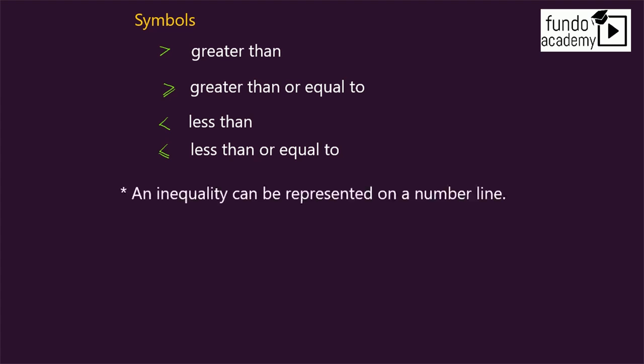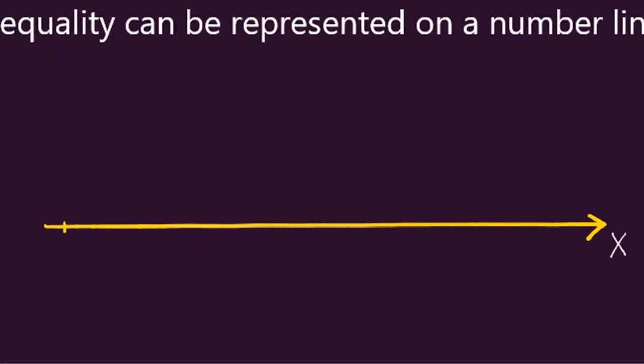An inequality can also be represented on a number line. So if I draw my number line, x-axis, and on it, let's say I have a point A, I have the value A on the number line. Values that are to the right of A, where in this case A is not included, that's why we have a circle here that is not shaded, that is open.